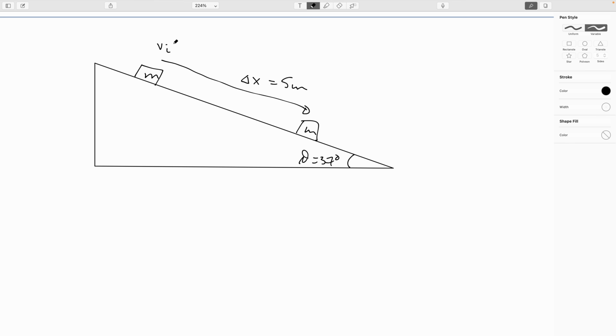We're going to say the initial velocity is 0, so we'll barely nudge it to get it going. And again, same deal. At the end, I want to know what is V final equal to.